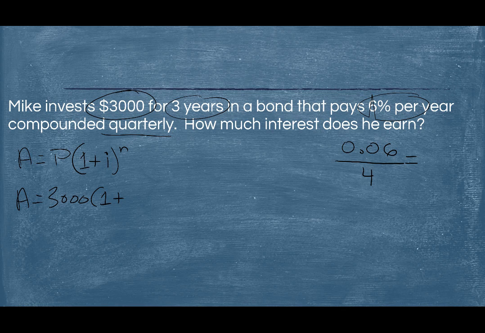So I have to divide 0.06 by 4, and it's 0.015. So I put that in there, 0.015. And now the total number of periods: it's 3 years times 4 times per year because it's quarterly. So that equals 12 compounding periods.